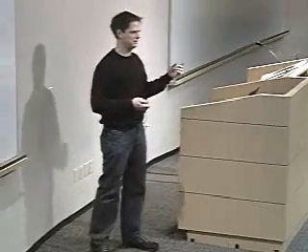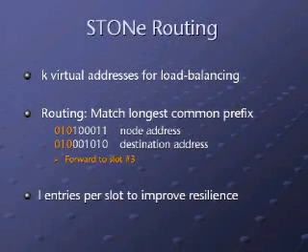And random routing requires load balancing. In a normal distributed hash table, we don't care how long it actually takes to get to the destination. But in random routing, we want a short round trip time. And if there's a bottleneck node in between, we need to do something about it. So basically, what Stone does is it uses k virtual addresses for load balancing.